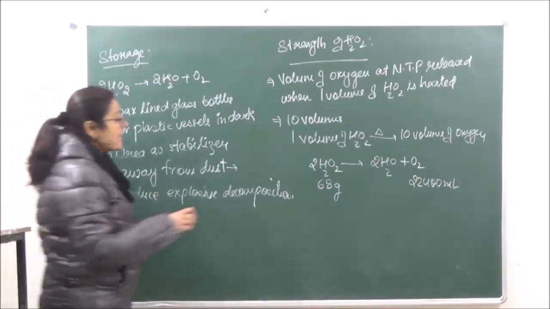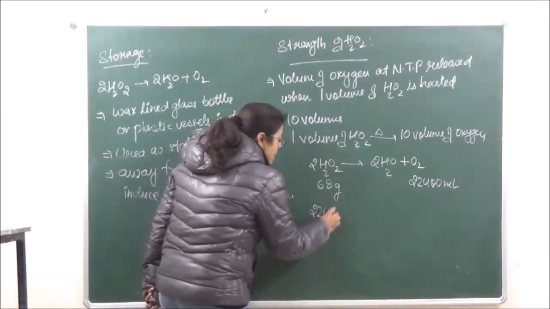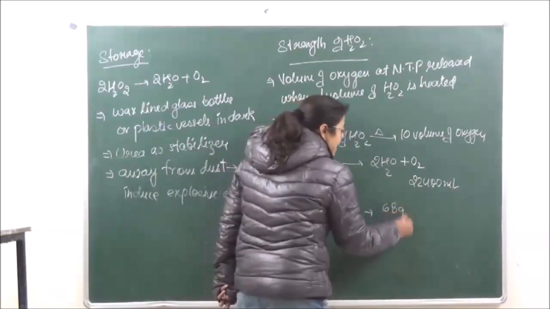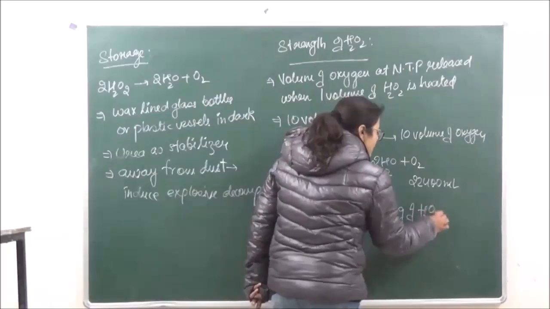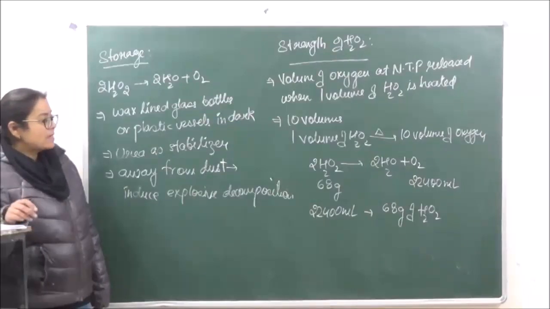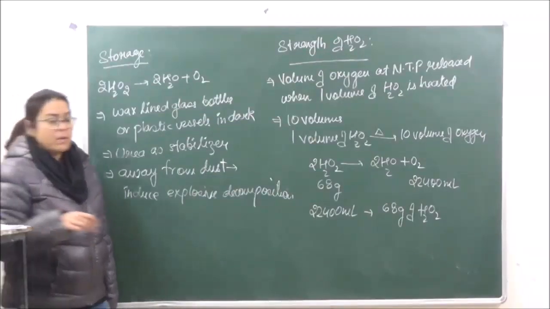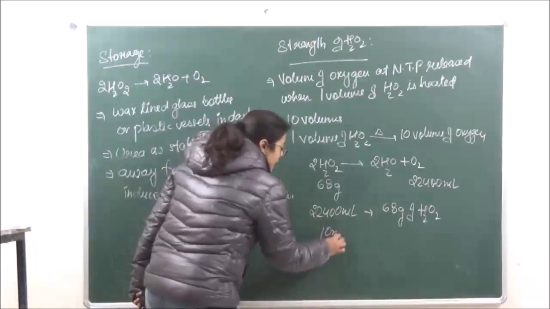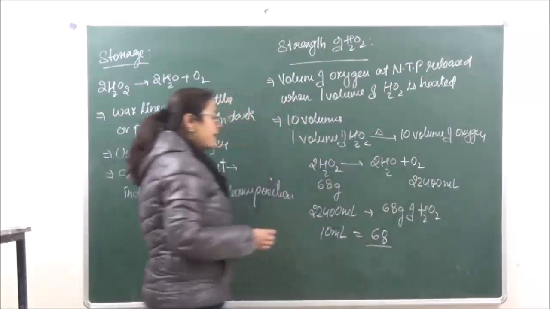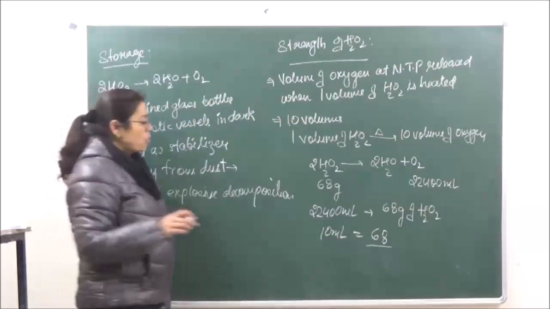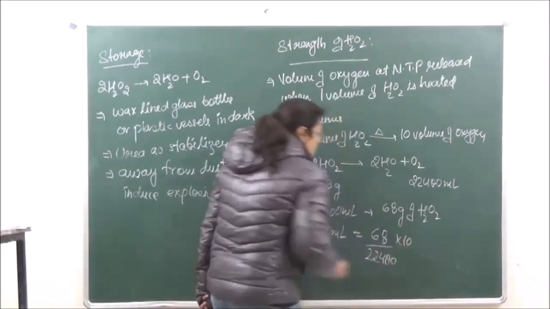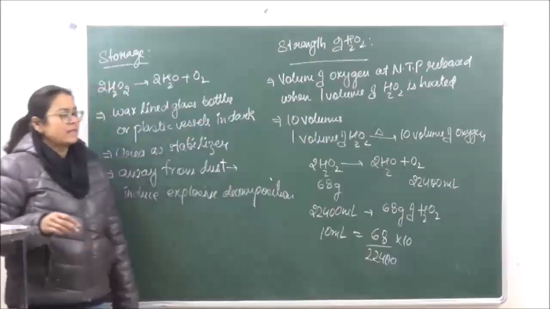Right? So it means that 22400 ml, that is obtained by heating 68 grams of H2O2. Or in other words, 10 milliliters of oxygen will be obtained from how much? 10 milliliters will be obtained by 68 divided by 22400 into 10.